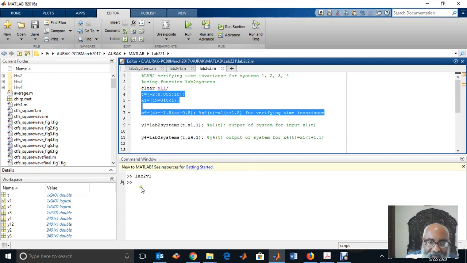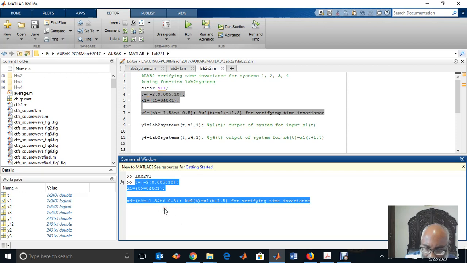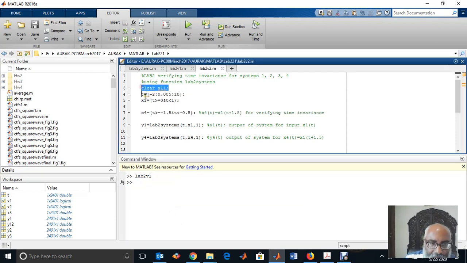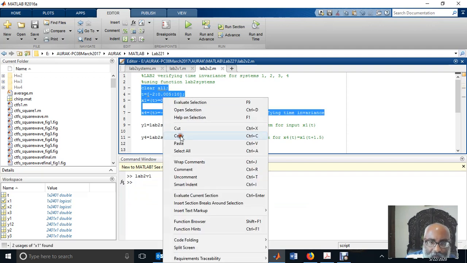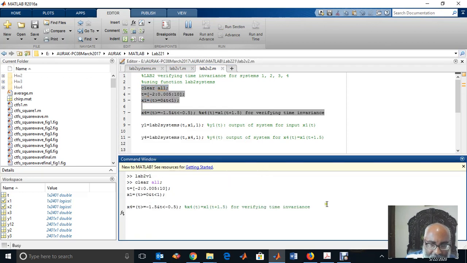My MATLAB is a little slow. Okay, I will copy from this until this. I will plot x1 and x4.